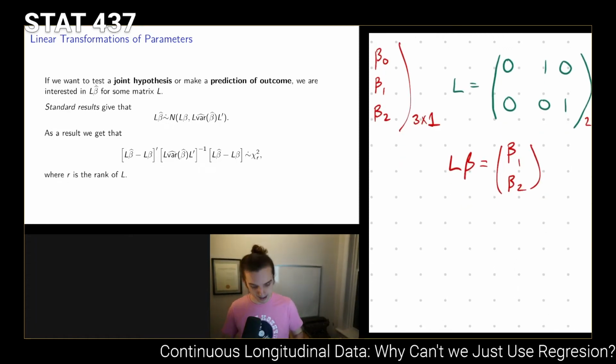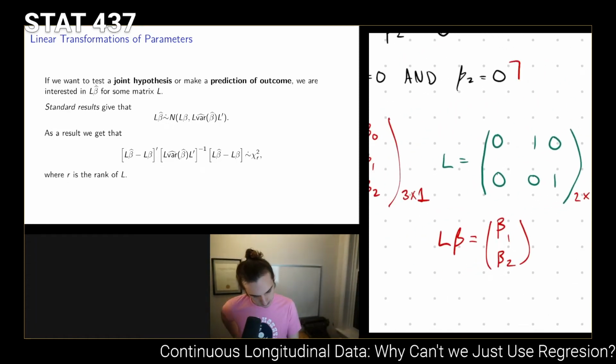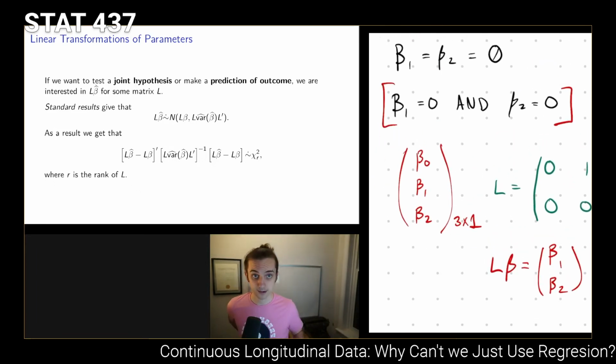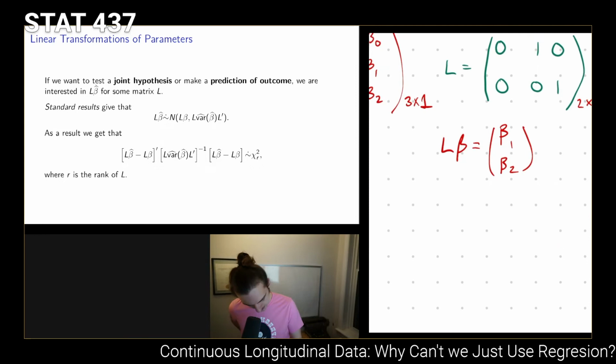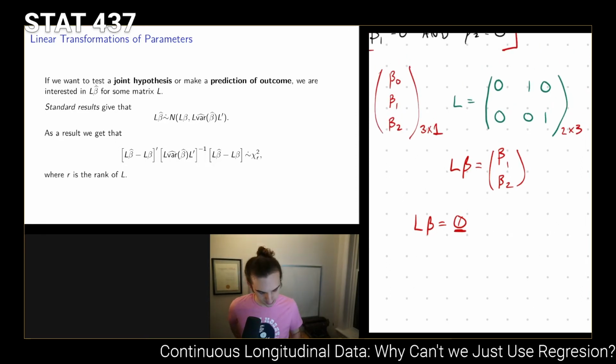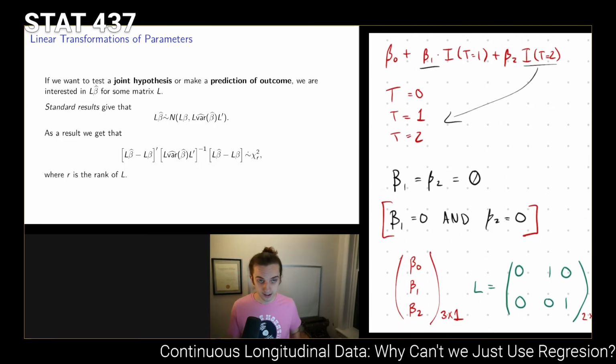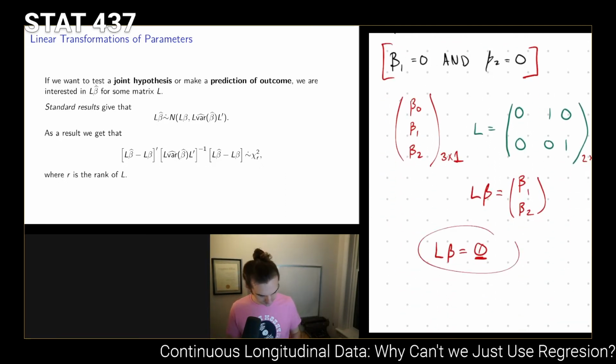And so this compound hypothesis of beta 1 equals 0 and beta 2 equals 0 is the same thing as saying L beta equals 0, where 0 is the vector of zeros. We can express this scientific hypothesis of no time effect as a hypothesis in the form L beta equals 0.